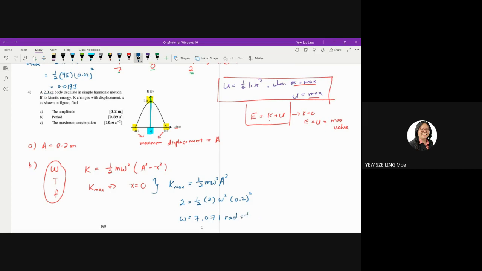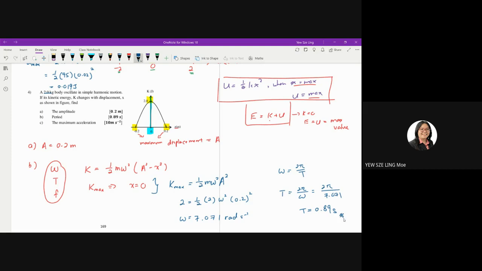Once you have omega, you can calculate the period, because omega equals 2 pi over T. So T equals 2 pi over omega, which is 2 pi over 7.071, so T equals 0.89 seconds.